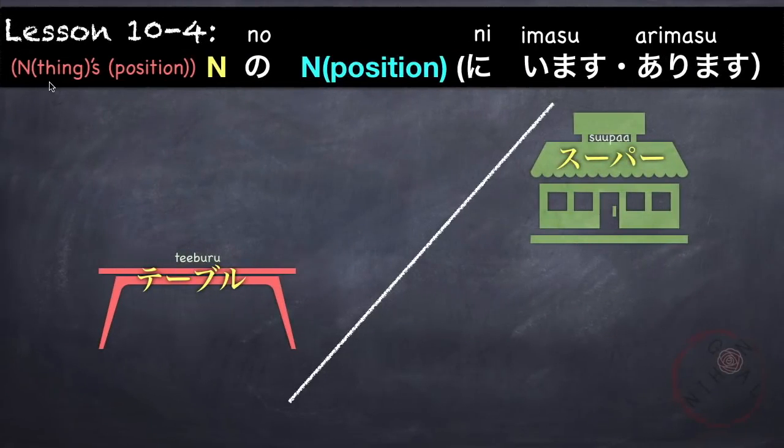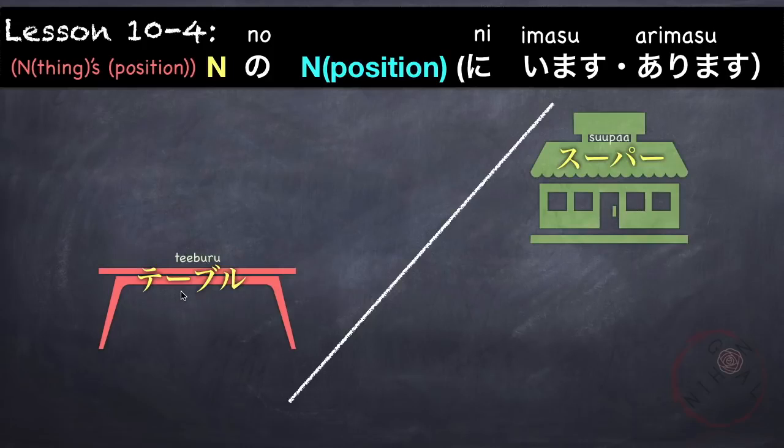Now, how to say noun, which could be a thing, a place, or another person, position. So we use noun no position. Position could be above, below, side, inside, outside, and so on. And then you can follow that by putting ni imasu or arimasu. For example, here we have a table or teburu.